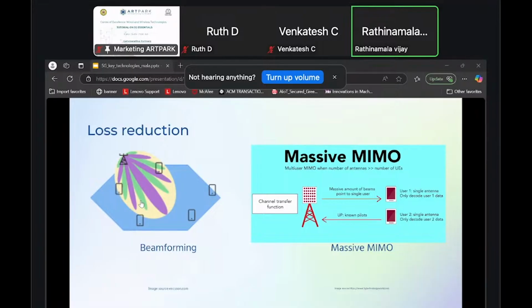So this is how both massive MIMO and beamforming can help millimeter wave communication achieve lower attenuation and higher signal quality.